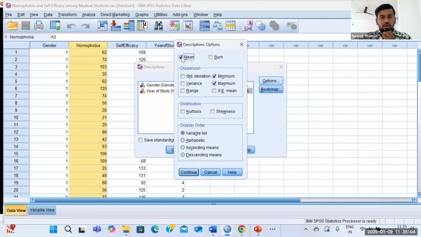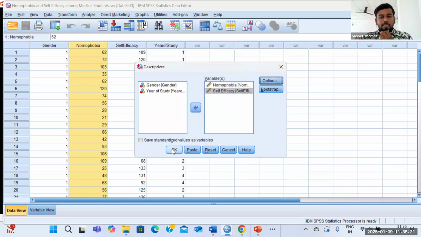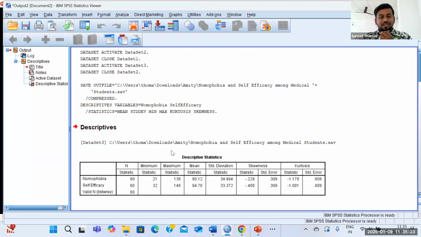Click on median, and if you want the mean value, click on mean. If you want the standard deviation, you can click on that. If you want to check normality such as kurtosis or skewness, you can tick these, then click Continue, then click OK. So you will get the data. Here you can see the nomophobia mean value, self-efficacy mean value, then skewness, kurtosis, standard deviation, all this information. This is very simple.